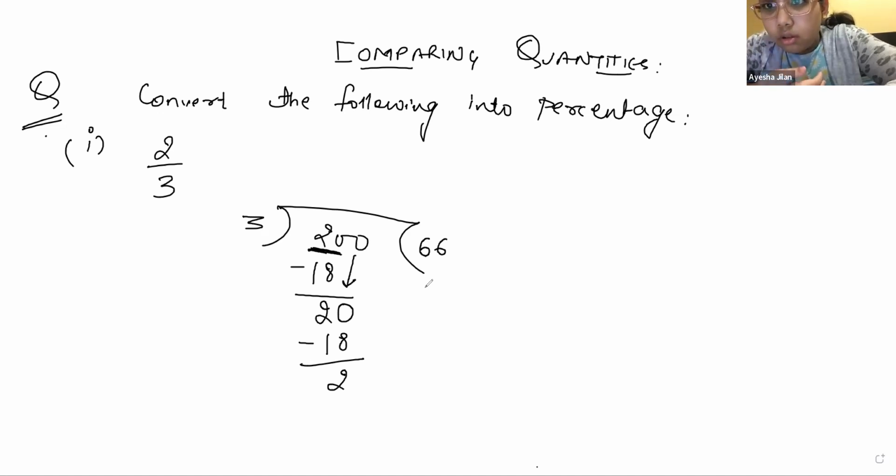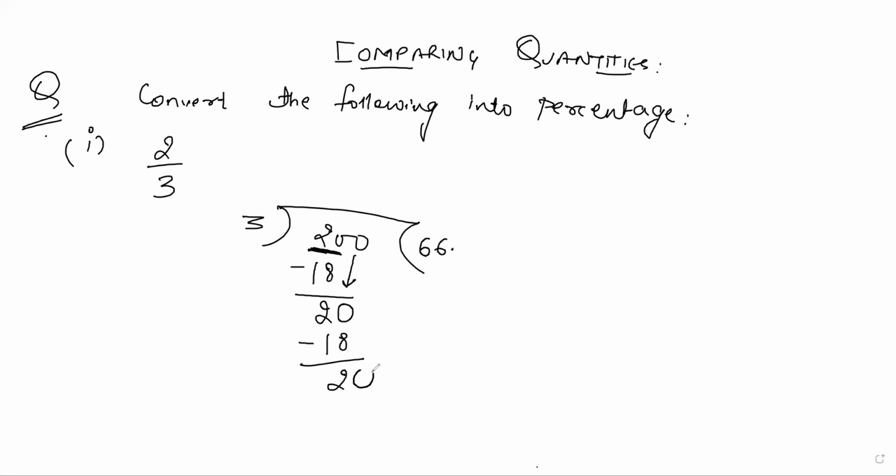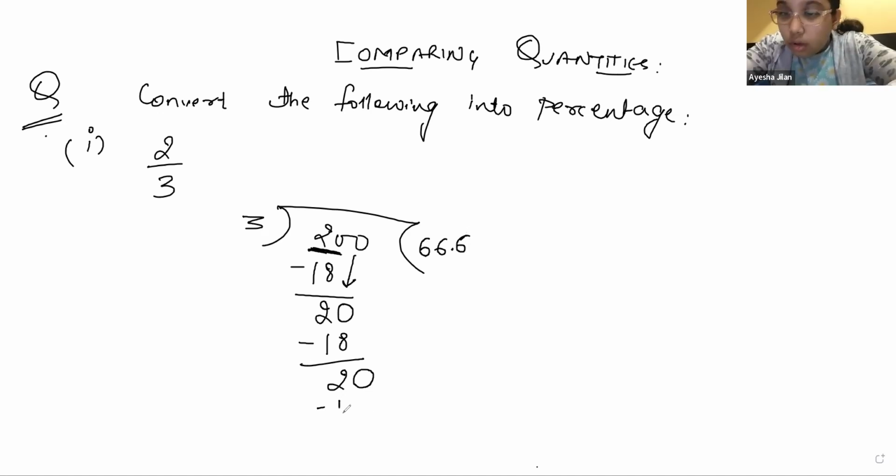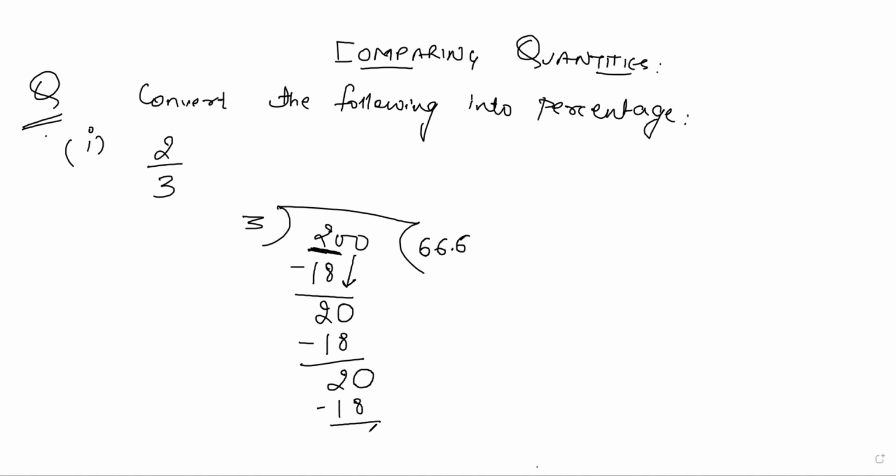So what should I do? I'll apply one decimal over here, right? Since I have applied one decimal, I'll bring down a 0 because of this decimal. Any confusion, any problem? No, ma'am. Now again 3 sixes are 18, so 20 minus 18 is 2 again.